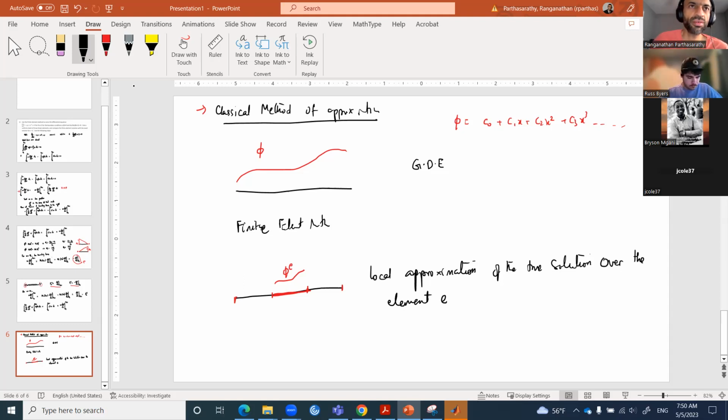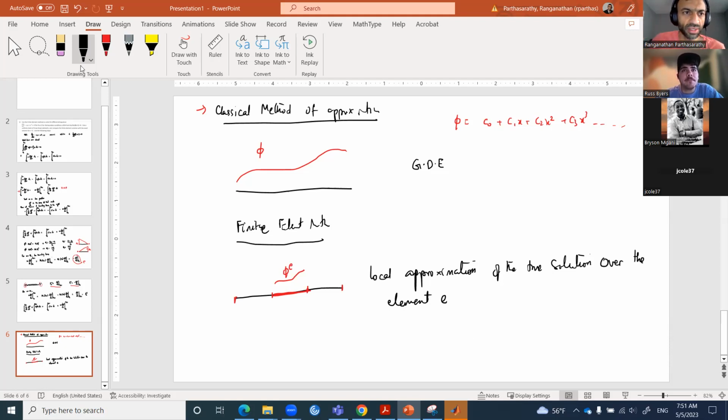So that's the big difference. In the classical method of approximation, you assume one approximation function to fit the solution over the entire domain. But in finite element method, you do piecewise approximation. Within each element, you assume one.